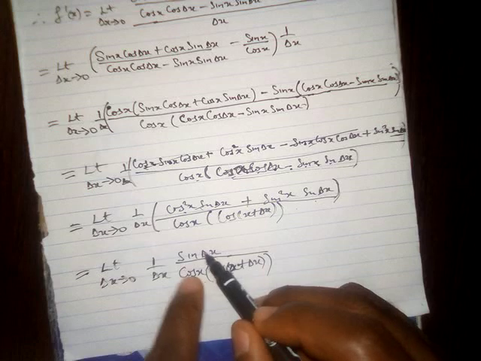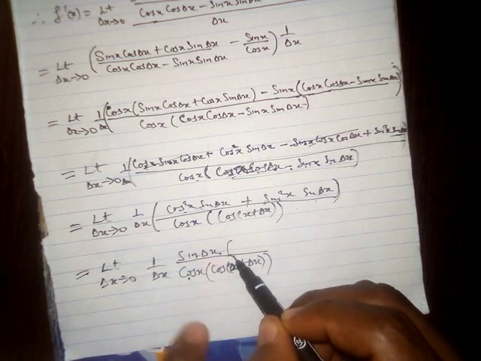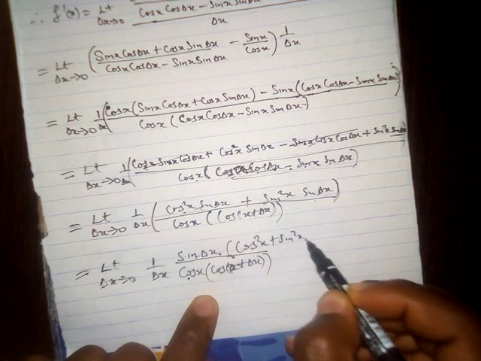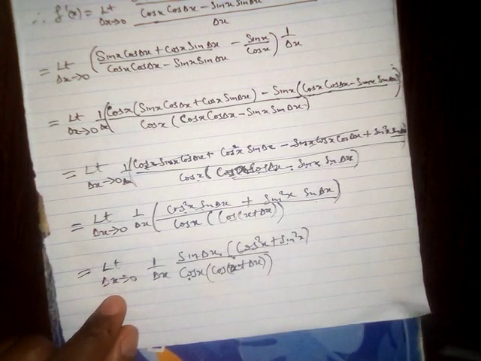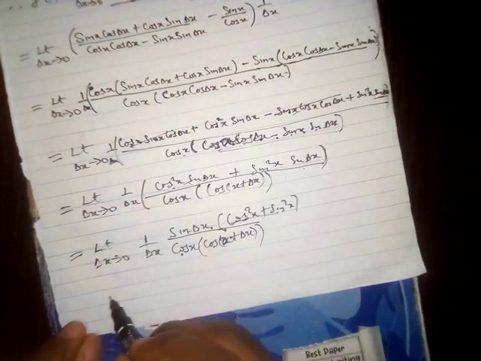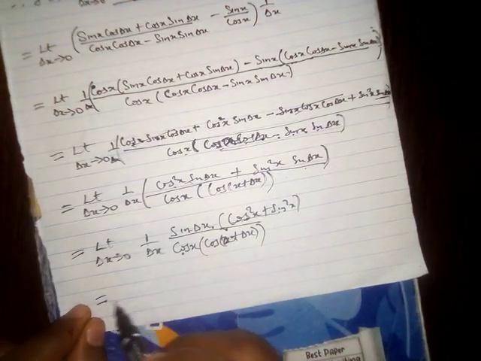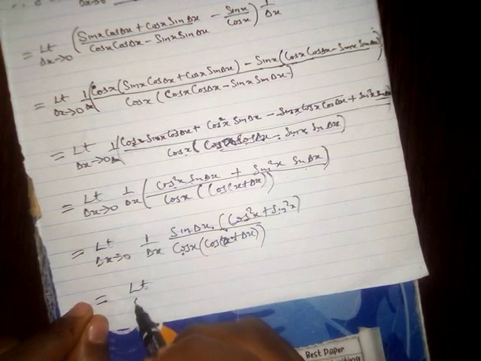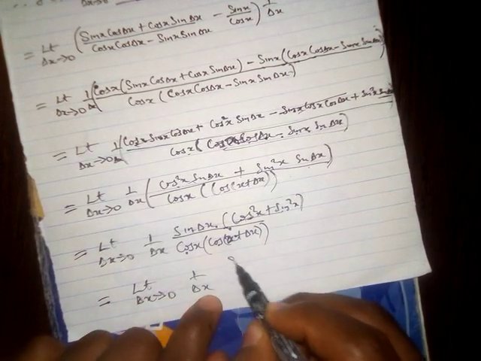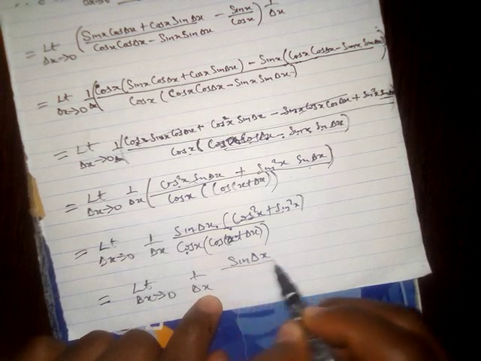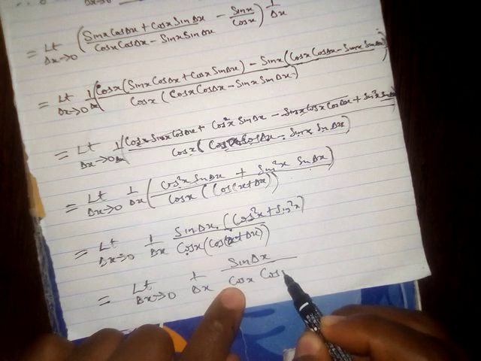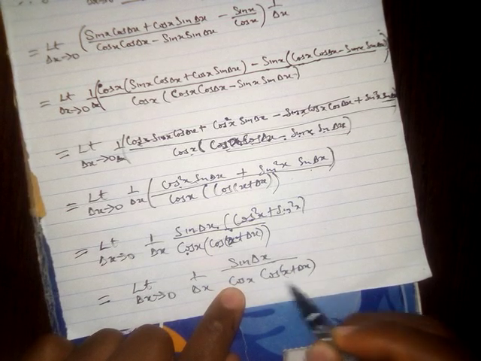Now if I factorize sine change in x out, I'll be left with cos square x plus sine square x. Now we know from our trig identity that cos square x plus sine square x is equal to 1. So this automatically becomes the limit as change in x approaches 0. We have 1 over change in x. We are left with sine change in x all over cos x times cos x plus change in x.